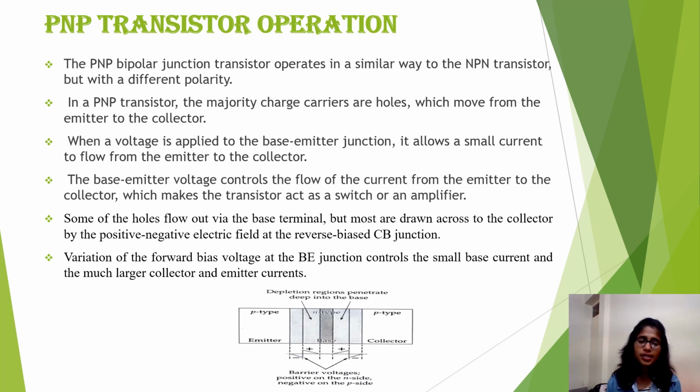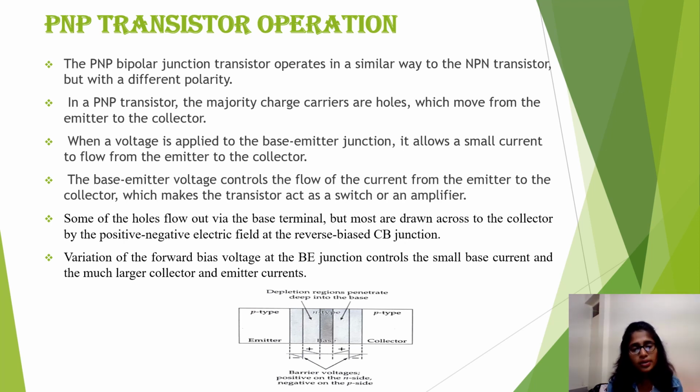When a voltage is applied to the base-emitter junction, it allows a small current to flow from the emitter to the collector. The base-emitter voltage controls the flow of current from the emitter to the collector, which makes the transistor act as a switch or an amplifier.